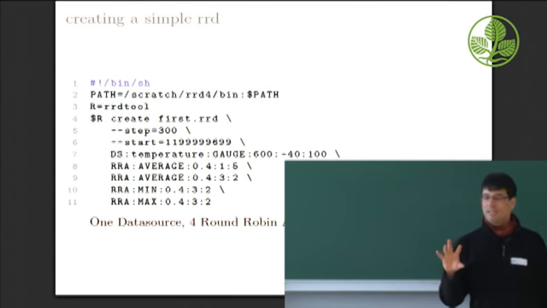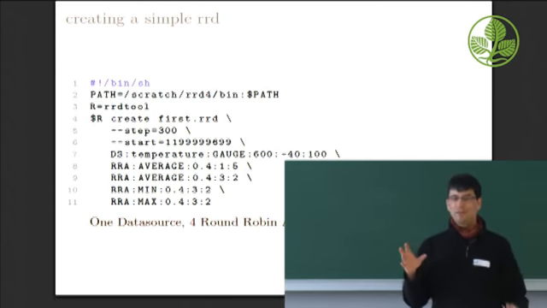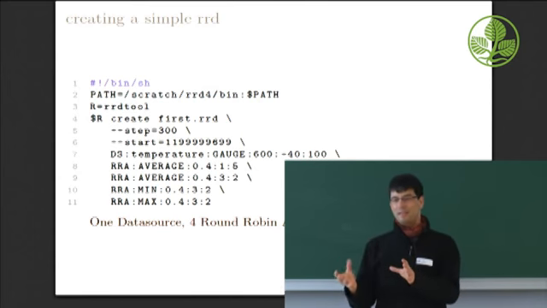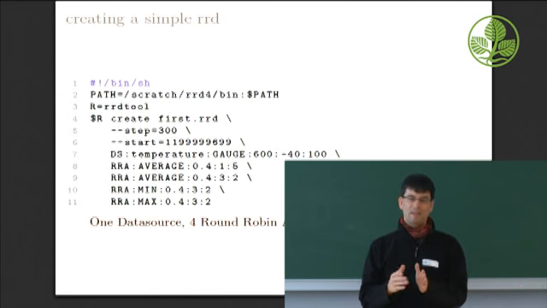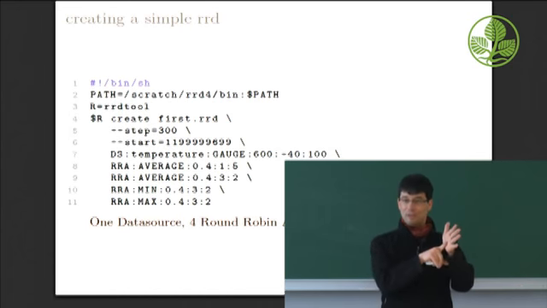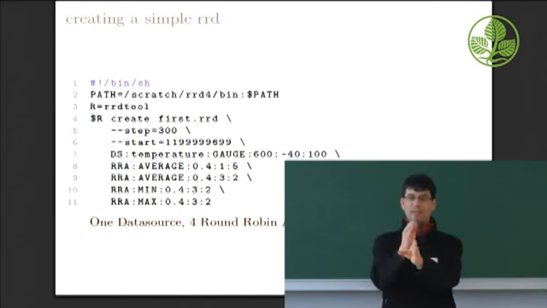Due to this resampling of the data, RRDtool doesn't accept data from the past. So whenever you input new data, it'll take the last data it saw and your new data and then fill in the gap between those two points. And when you later on try to feed it something from earlier in time, it'll say, no, sorry, I'm already here. You can't go back in time.